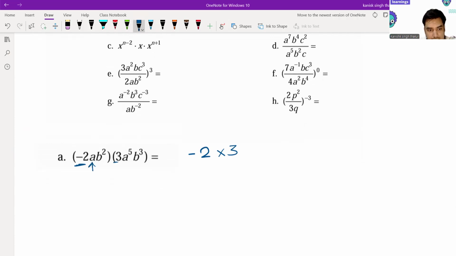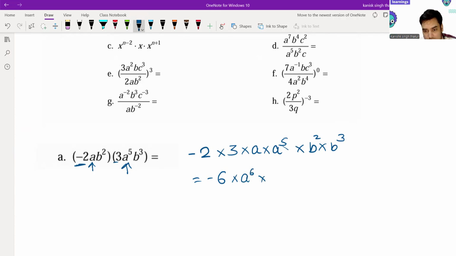All the like terms: a terms, a to the power 5, and then b terms, b square times b cube. Minus 2 times 3 is minus 6. A to the power 5 times a is a to the power 6. And b square times b cube is b to the power 5. So the answer will be minus 6 a to the power 6 times b to the power 5.